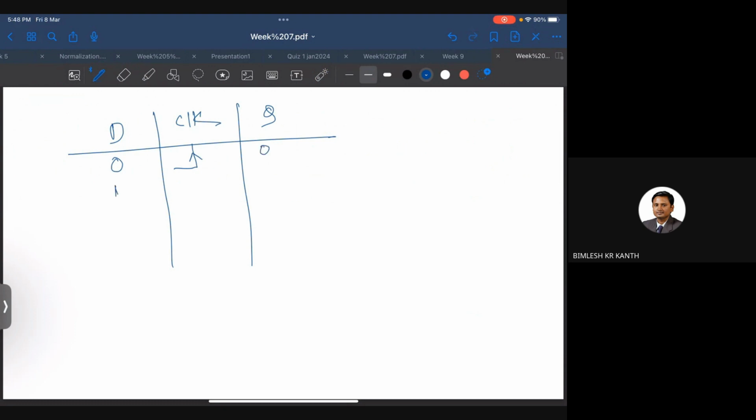If D equals 1, the output will be 1. If the clock is 1 or 0, D can be anything, and the output will be Q previous. This symbol is called when the clock is changing from 0 to 1, that time the output will change.